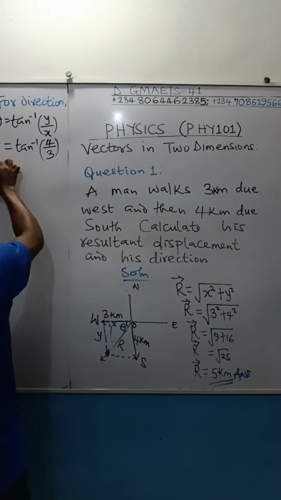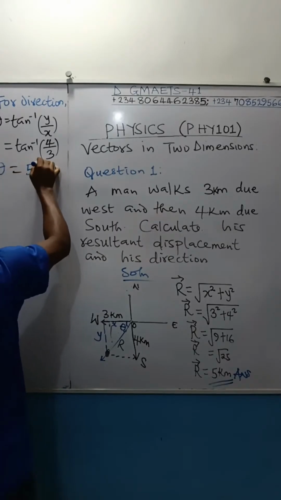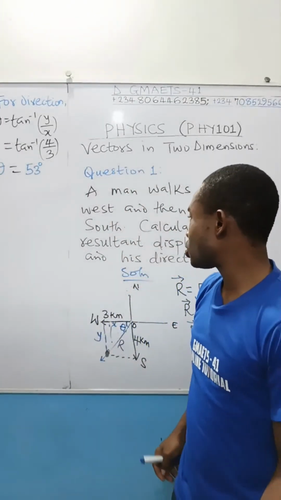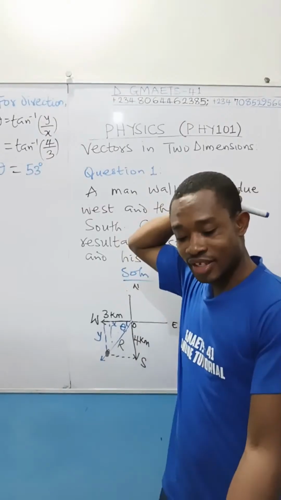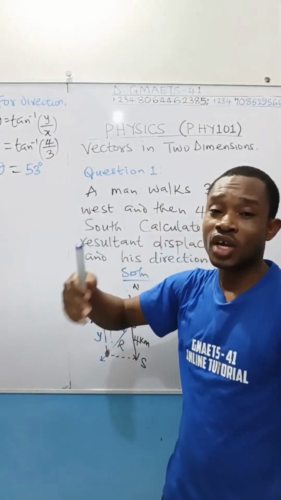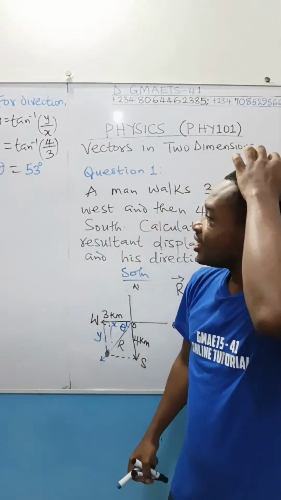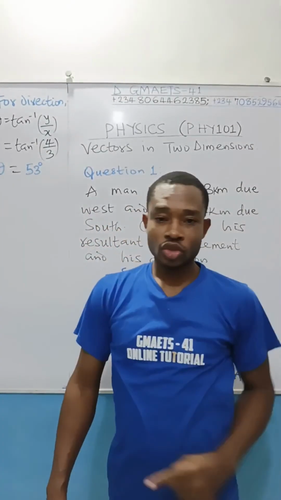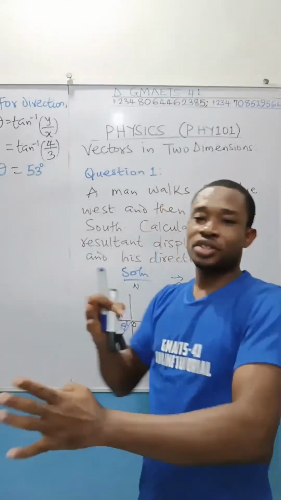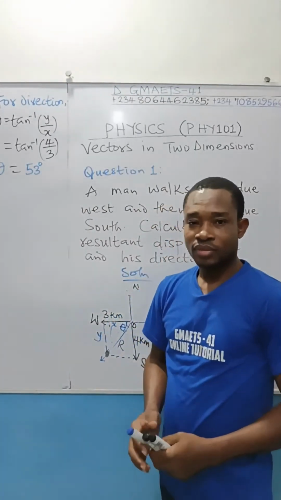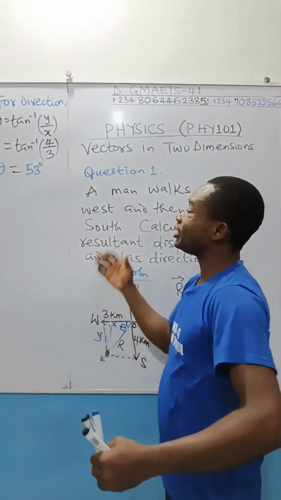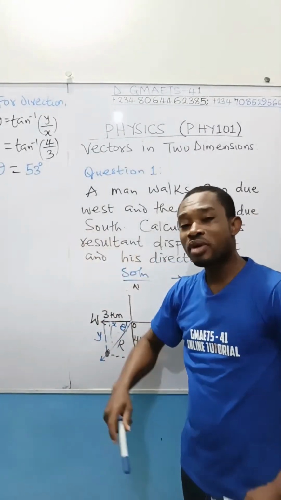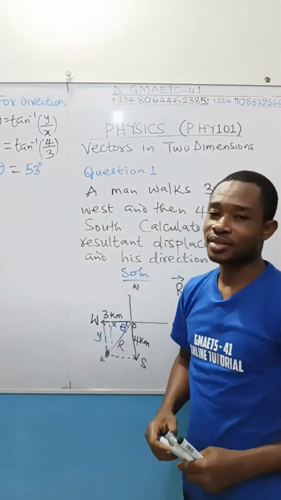So the direction theta is equal to 53 degrees, but you want to be careful at this point. That is why I decided to give you a question that defines west and south, or south and west. If you are to quote the angle that the man would turn so as to locate the direction he is to take, remember I told you that the angle of a vector is measured from positive x-axis.